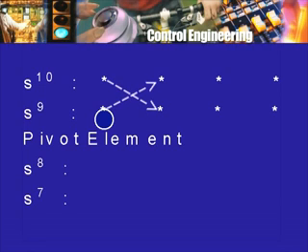Calculate that difference and divide it by the pivot element. That will be the first element in the next row. So take the pivot, multiply it this way, take that product, from that subtract this product and divide by the pivot element itself.